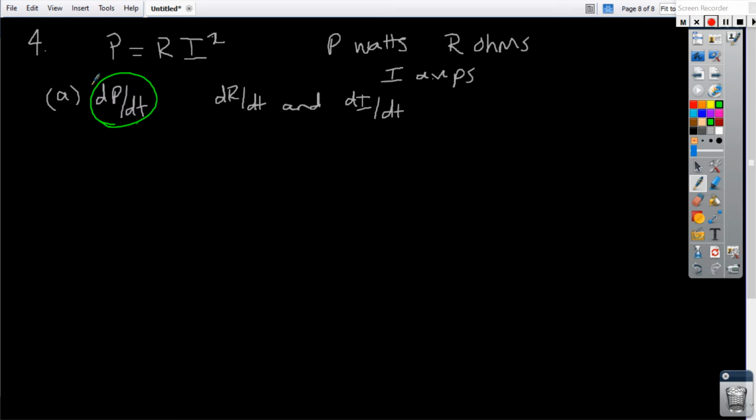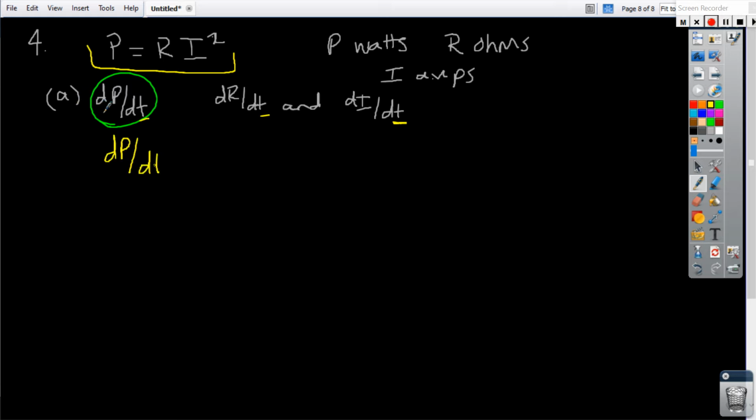So what I want to do is go through the equation that's given and implicitly differentiate with respect to t. Notice all of these are dt, so I want to differentiate with respect to time. So I'm going to take my initial equation and just derive here.